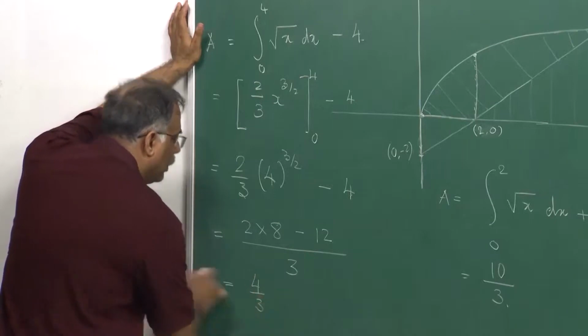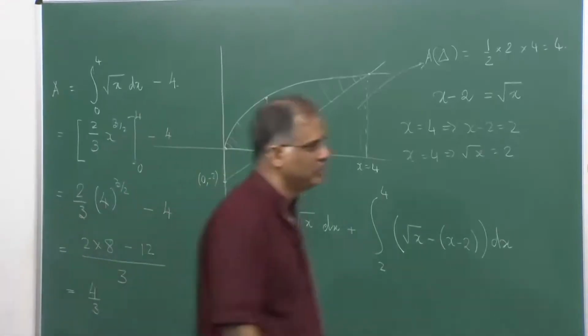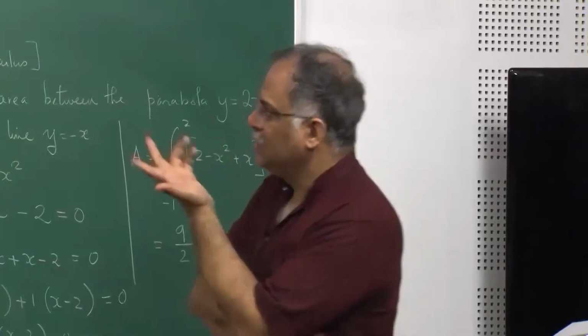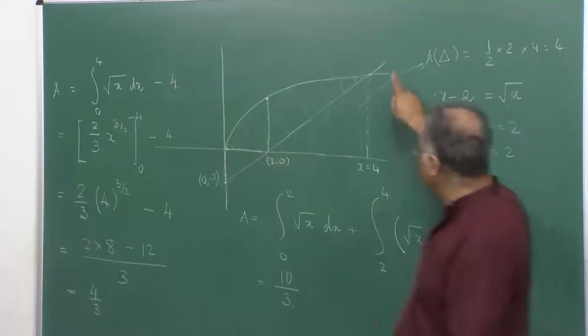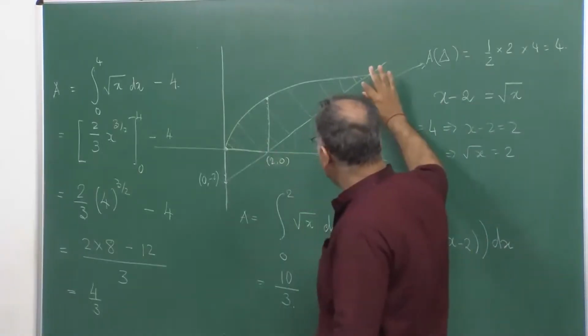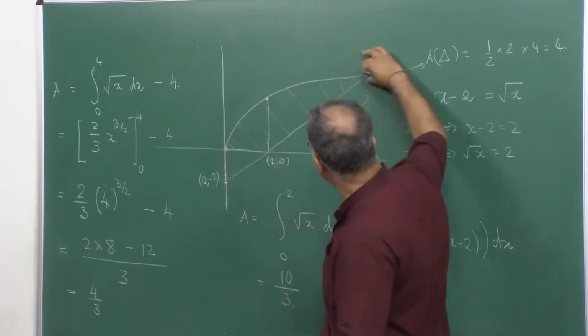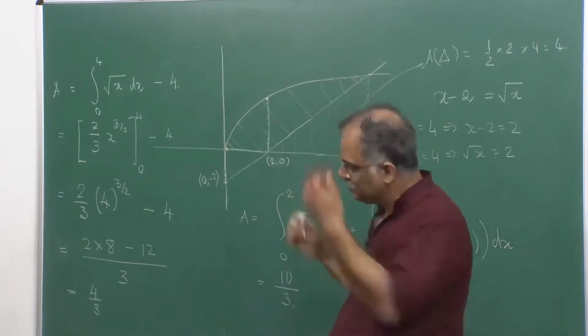I don't know why the answer doesn't match. The answer should match. Is there any mistake here? Because that is a natural thing: I just have a triangle here. So I take this triangle out from the whole area under the curve, and then only this part remains, right? That is what we require.